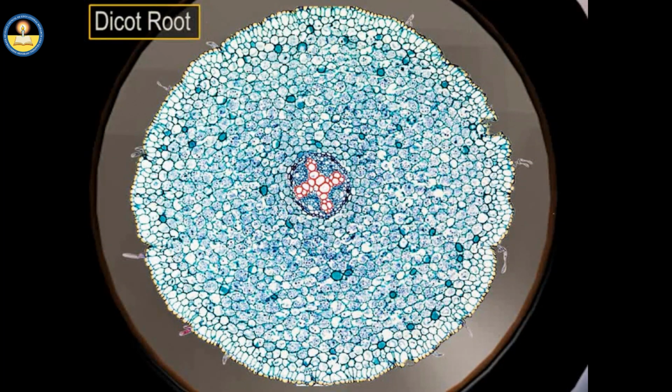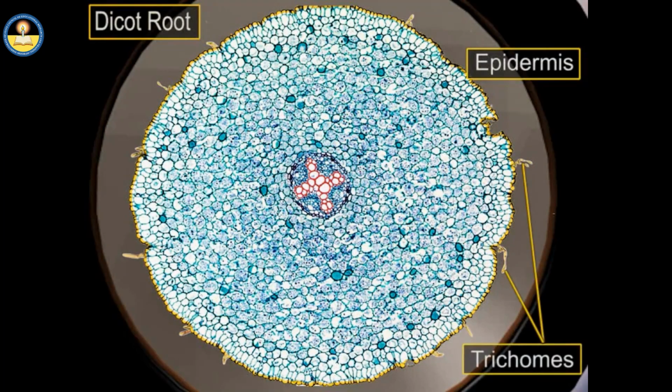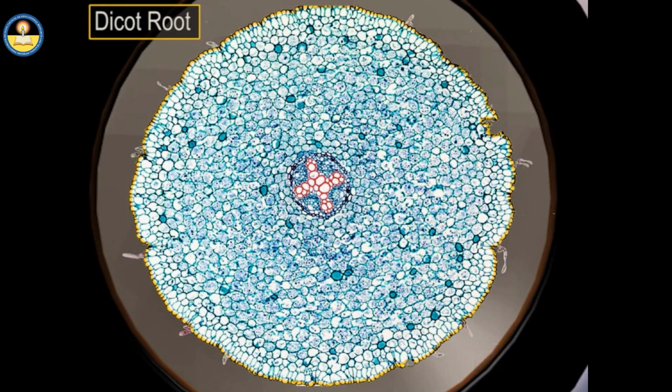This is the outermost covering which is formed of parenchymatous cells and is known as epidermis. A few epidermal cells are modified into hair-like outgrowths known as trichomes, also known as root hair. The root hair increases the absorbing surface of the root.